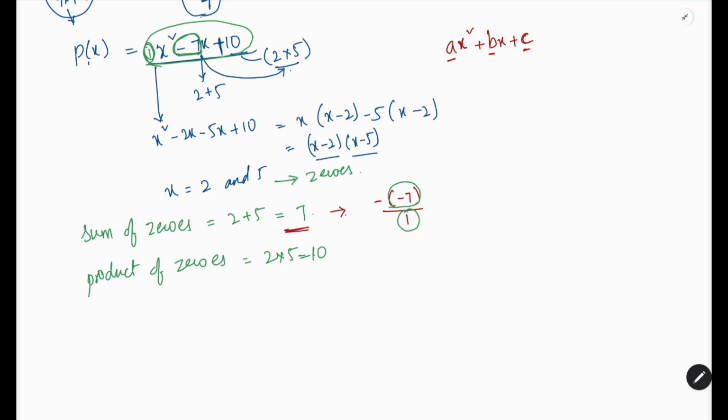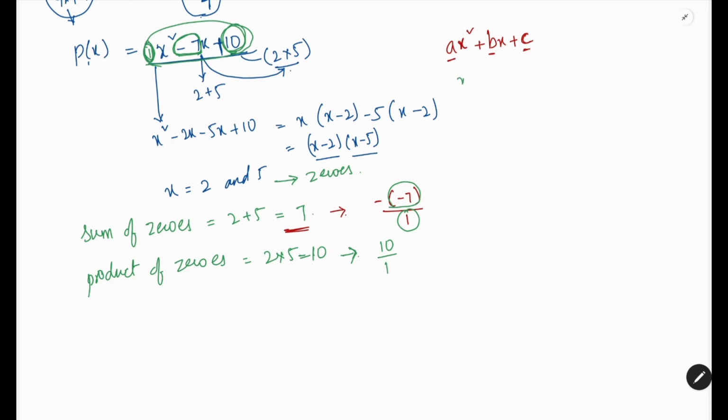And the product of zeros, if you see this clearly, is 10 by 1. 10 is this c, the constant term, by the coefficient of x square.